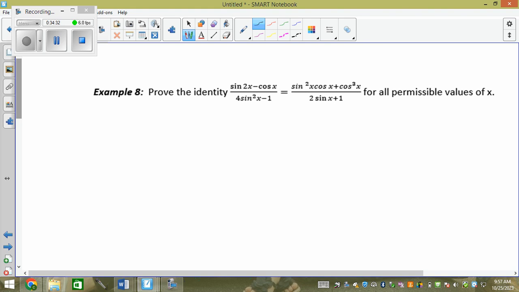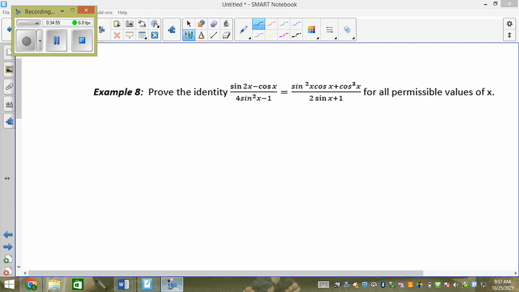This here is a what? What is this? Square thing. Difference of squares. So you're going to get a 2 sine x plus 1 and a 2 sine x minus 1. What can I GCF out of here? Cos x. If you get stuck, it's totally fine. Just try it out. If you get stuck, get stuck. Because I could stand up here and do proofs for days. You're like, oh yeah.